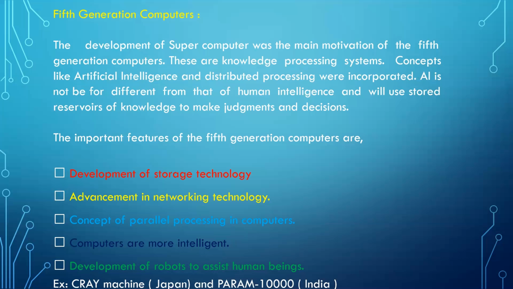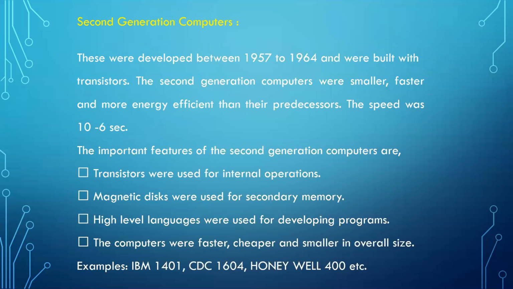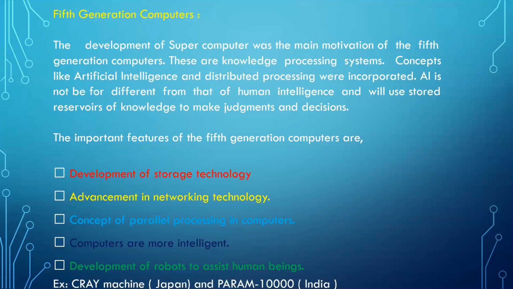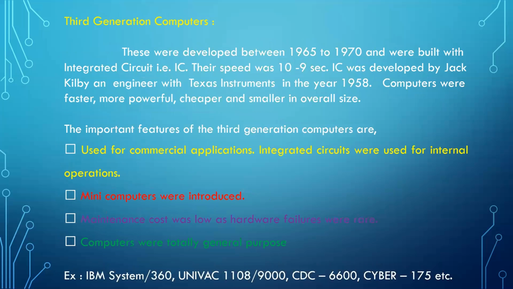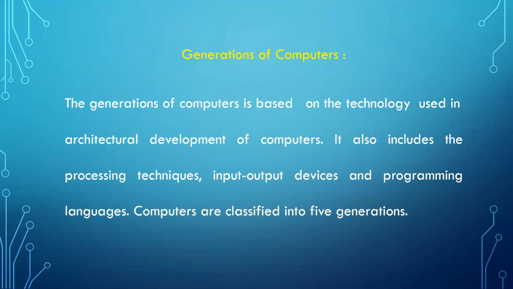We'll revise this once again, so that in the next class we can go to the next topic, the types of computers. For the exam point of view, this is very important for extra questions as well as for 1 mark questions. So keeping that in mind, we will revise this once again.